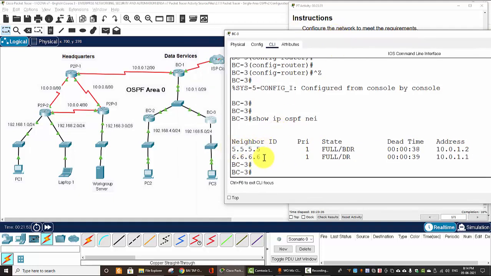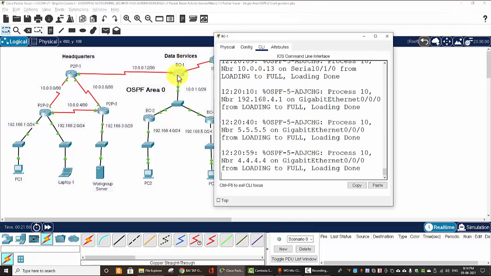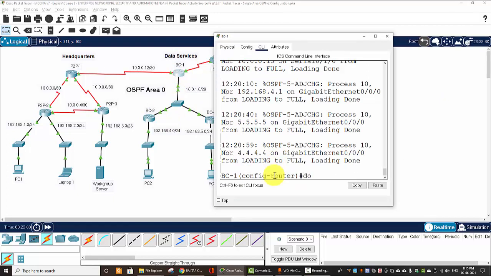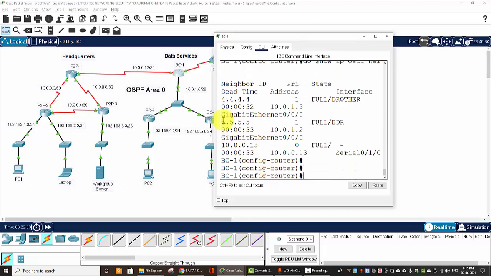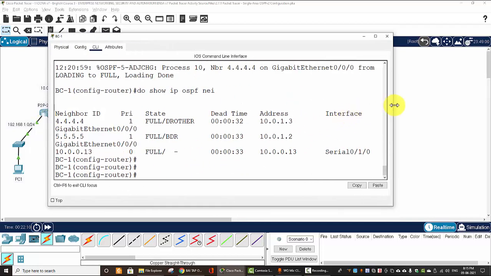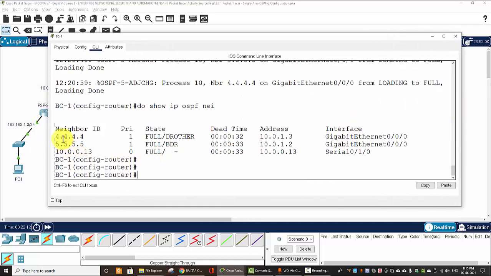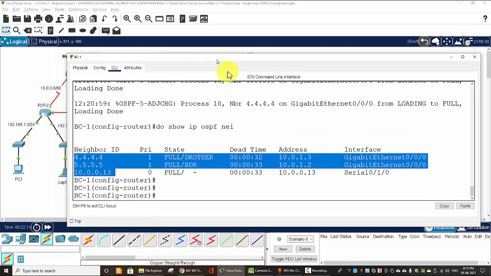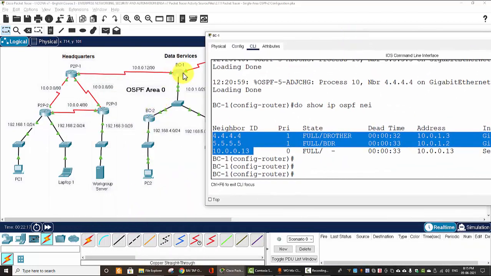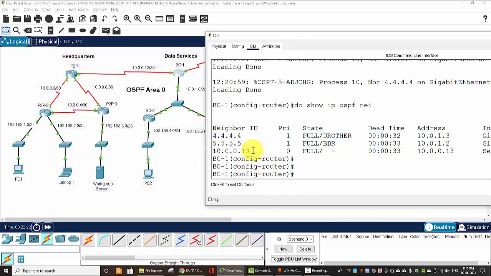This is BC1 and this is BC2. For example, on BC1 we show ip ospf neighbor, we have three neighbors on BC1 because BC1 connects to the headquarters routers. So this is the router ID on the headquarters router P2P1.